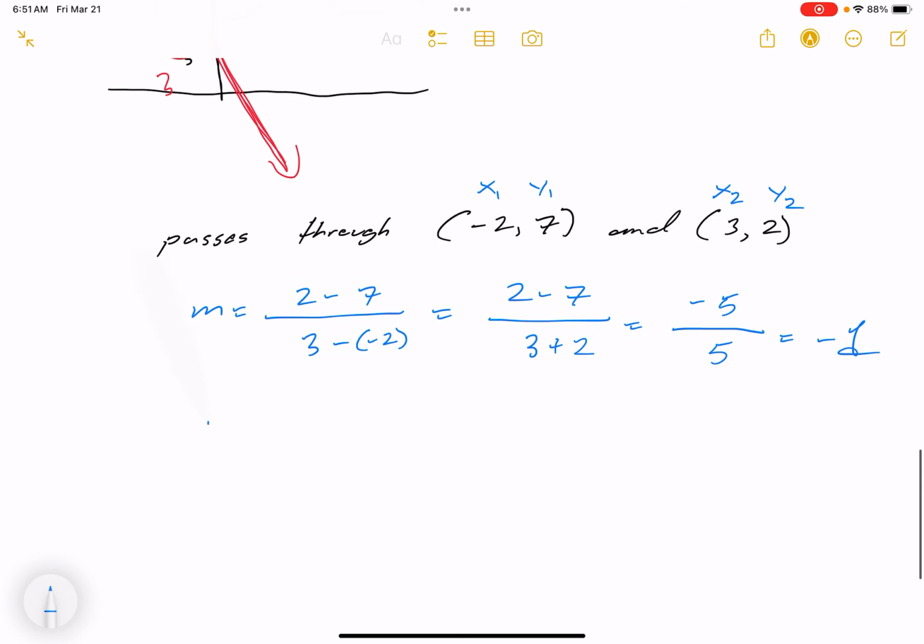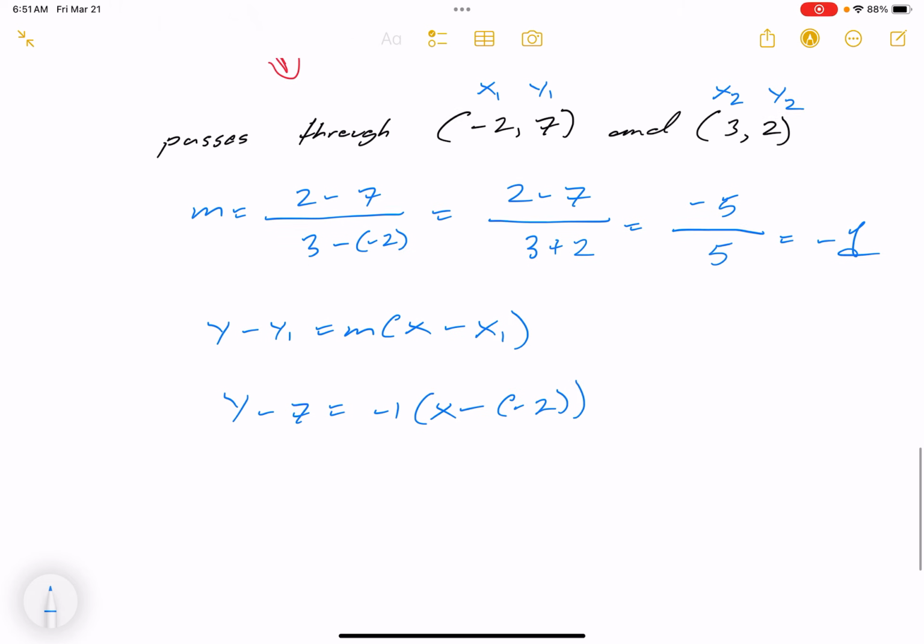So now y minus y1 equals m times x minus x1. Y minus 7 equals negative 1 times x minus x1, and x1 is negative 2. So that is y minus 7 equals negative x plus 2.